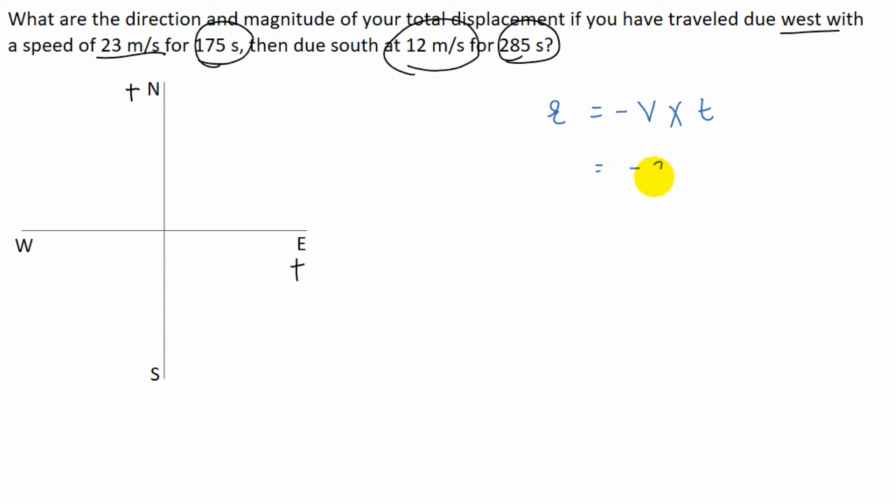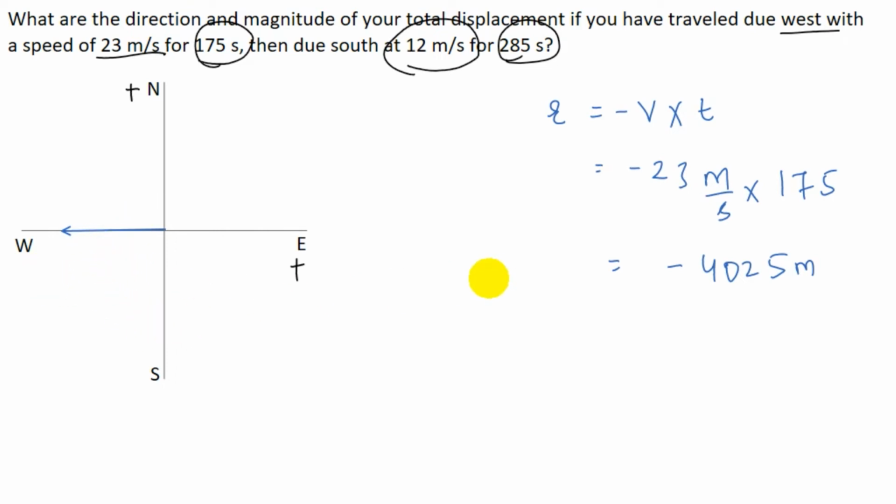This is minus 23 meters per second times 175 seconds, so that would be equal to minus 4025 meters. So you traveled this much distance in the west direction. Okay, so let me draw the vector now. This is your direction, and the length of this vector is 4025, basically its magnitude.